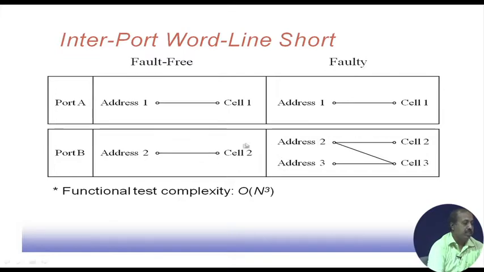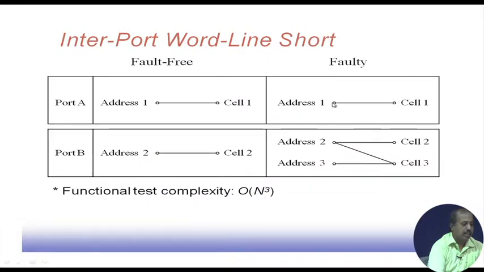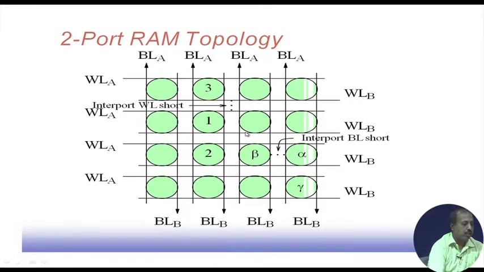In a faulty situation, for word line A, address 1 accesses cell 1, but word line B is shorted here.